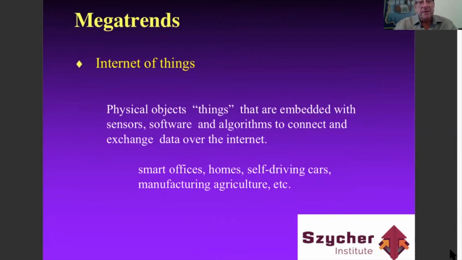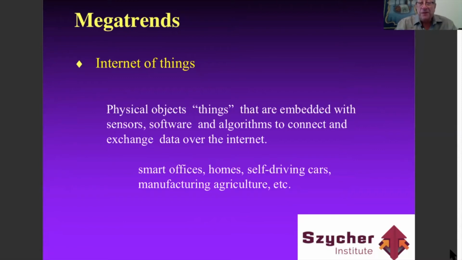Well, one of them is the Internet of Things. Many people actually have not heard of the Internet of Things, but it covers physical objects embedded with things like sensors, software, and algorithms that connect and exchange data over the internet. Examples of that would be smart offices.